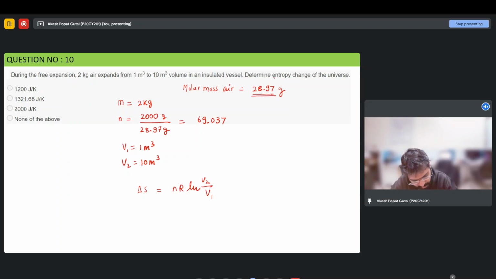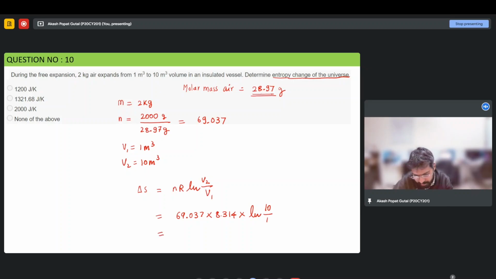We are asked about the entropy change of the universe. So system plus surrounding. The surrounding entropy here is 0. The system entropy we will calculate as nR ln V2 by V1, which is nothing but the entire universe's entropy change. n is 69.037 cross 8.314 joule into ln V2 by V1, which is ln 10.